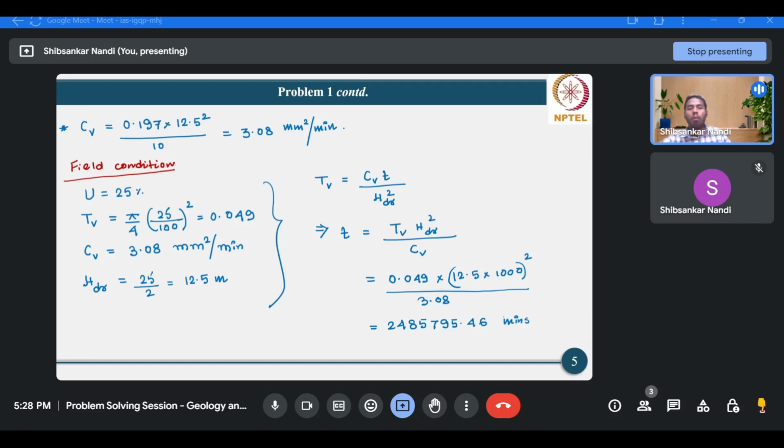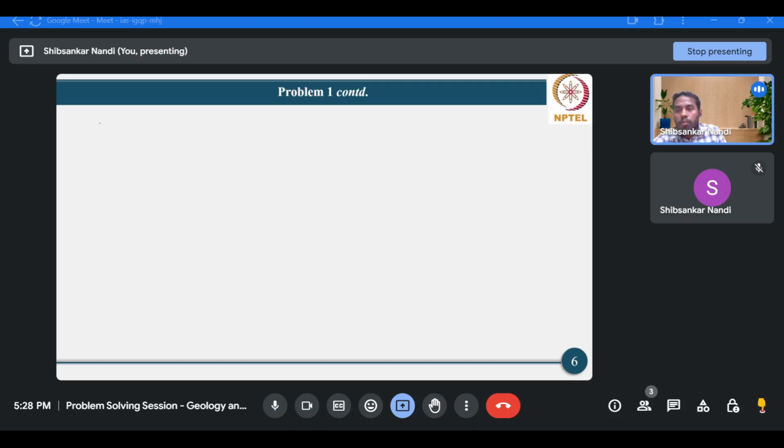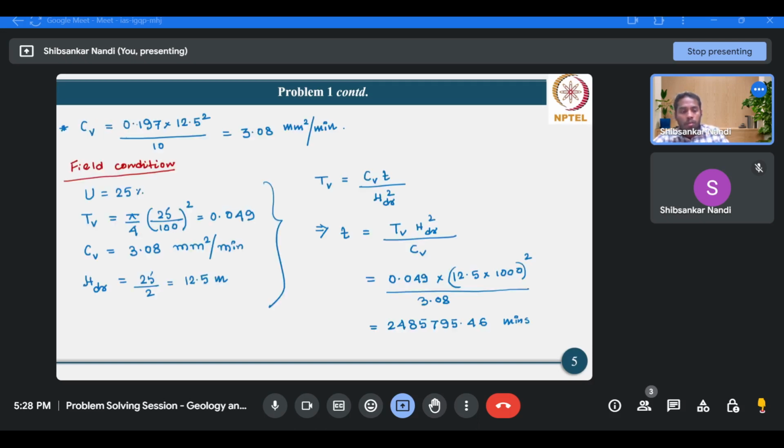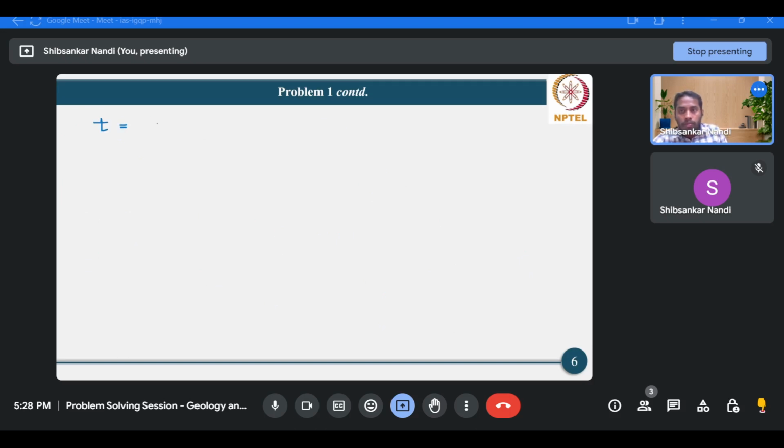minutes. However, we have to report the time in days. So this value we have to divide by 60, so it will be in hours, then again by 24, then it will be in days.